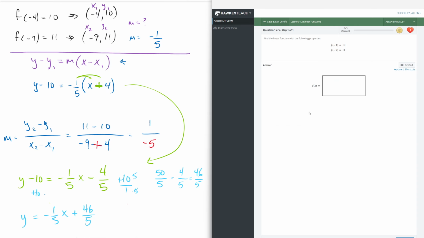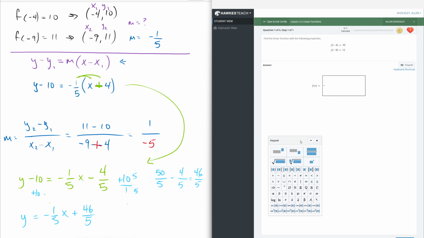We come back, and hopefully we didn't mess up. So we're going to drop a negative sign, get our keypad out, drop a fraction, 1 over 5, right arrow key x, plus 46 over 5. And we get it right.